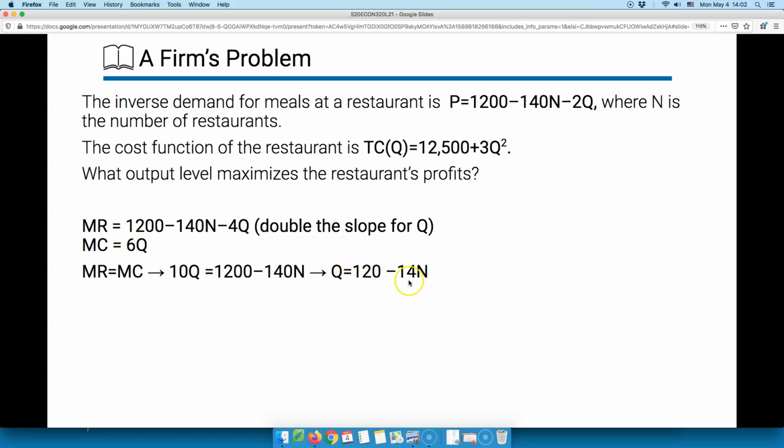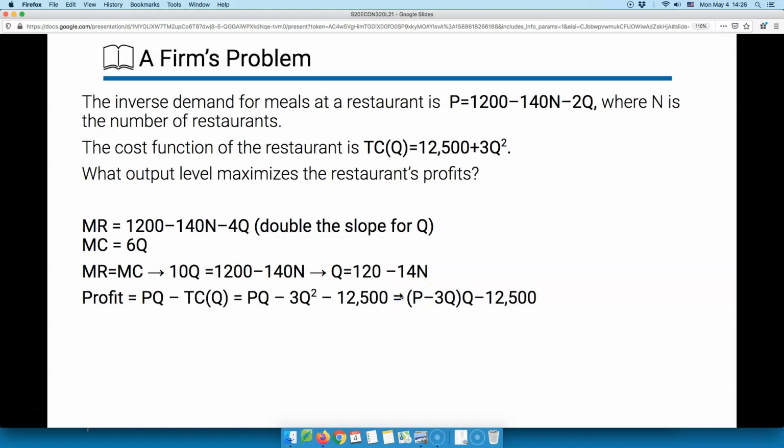So your optimal output, again, will depend on the number of other restaurants in the industry, other firms in the industry. And now that we have the output, we can write down the profit function and simplify it to express the profit as the function of output. Let's do that. So first thing to do is to write down the profit the usual way as total revenue, that is price times quantity, minus the total cost.